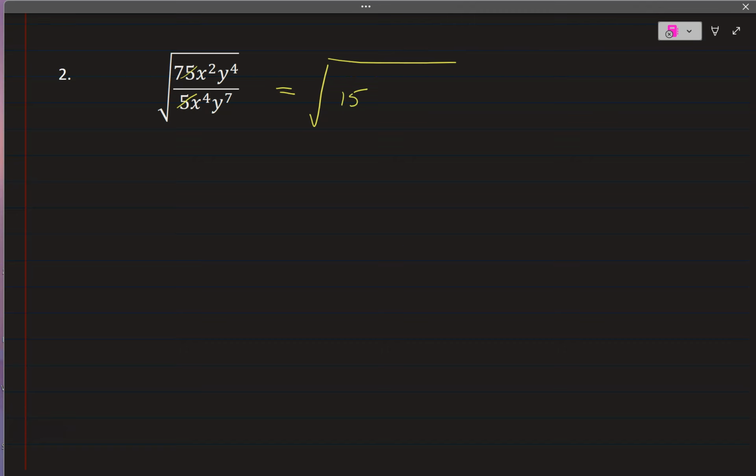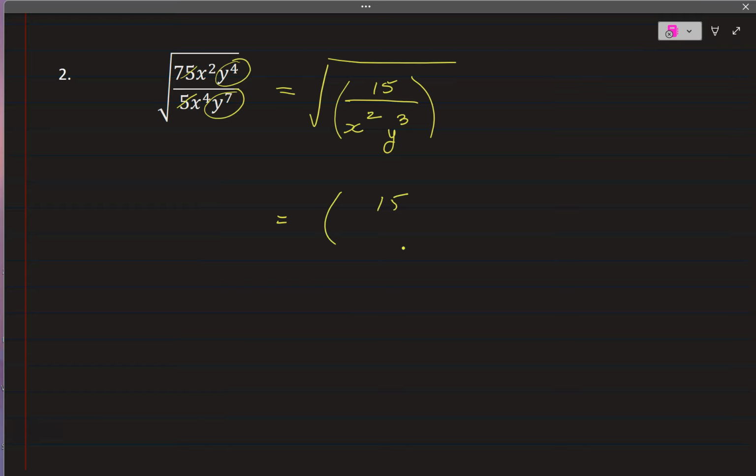Then look at x squared and x to the 4th. In the denominator there will be x squared left. On top you have y to the 4th and at the bottom y to the 7th, so in the denominator you have y to the 3rd left. Now we change the radical to exponential form.